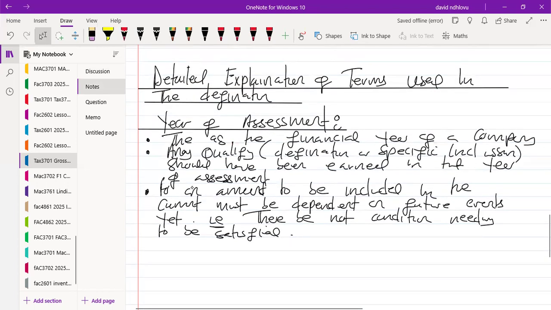You have to know in which period a certain amount or transaction is going to fall. As long as it occurred in the current year and there is no condition that is yet to be satisfied, it will fall within the current year. But if the transaction originated in the current year, but there is a condition, as long as that condition is not satisfied, then it is not going to be recognized in the current year. So that is what we are talking about.